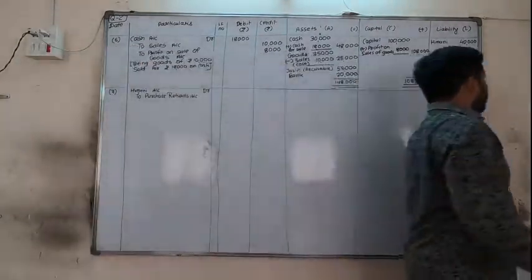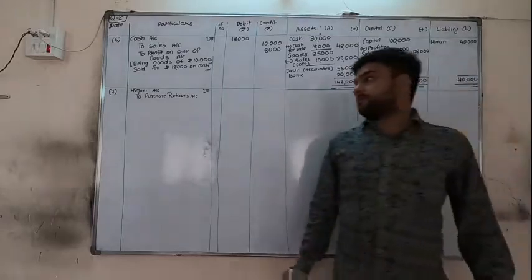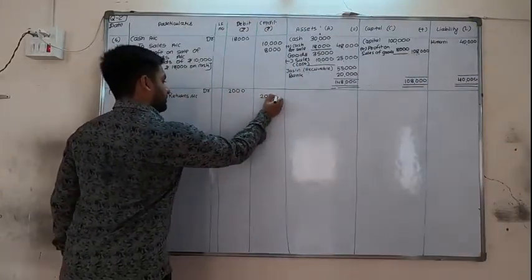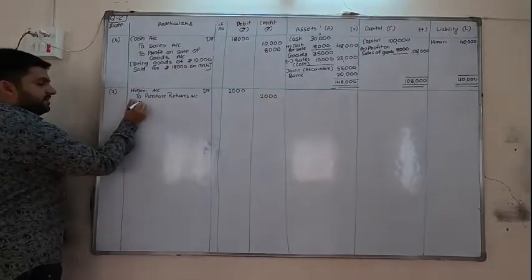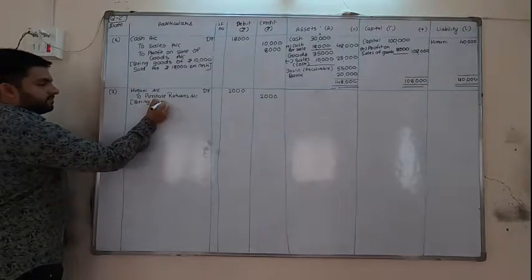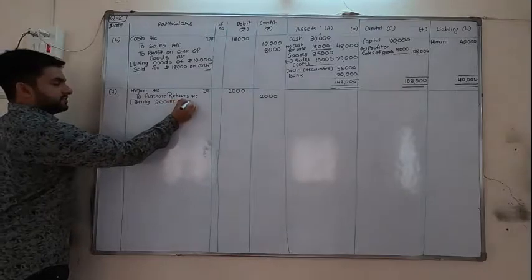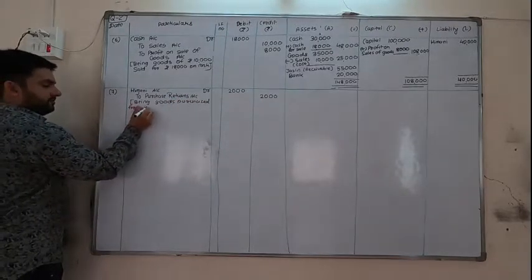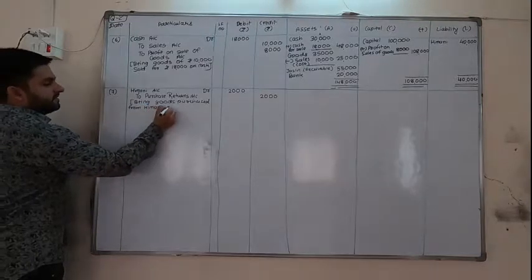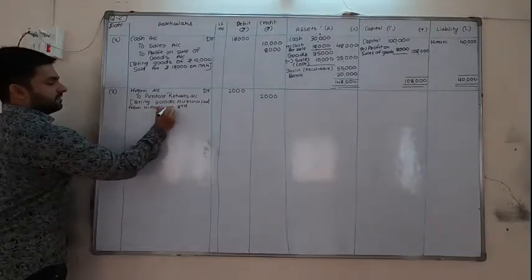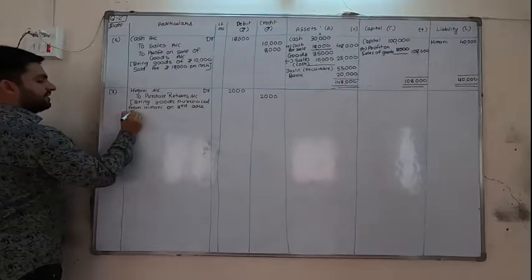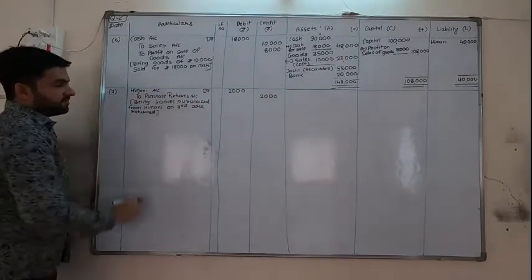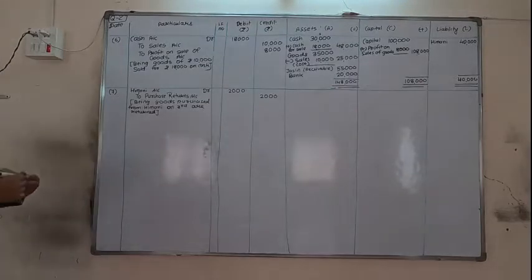We are returning 2,000. Goods purchased from Himani on the 3rd are returned. I have to clear the 3rd because we have to compare with that.